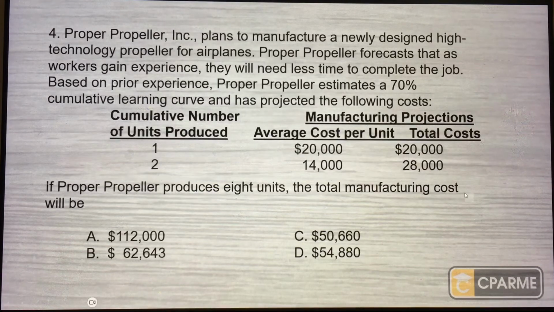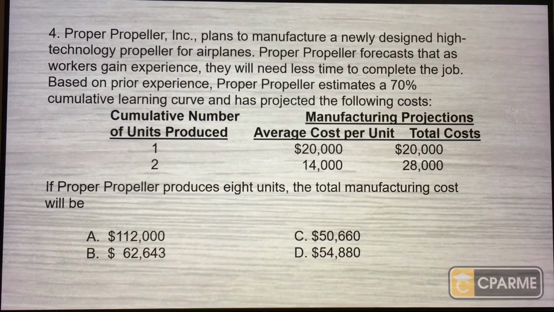Okay, let's solve this together. If Proper Propeller produces 8 units, what will be the total manufacturing cost for the 8 units? Proper Propeller Incorporated plans to manufacture a newly designed high-technology propeller for airplanes. It forecasts that as workers gain experience, they will need less time to complete the job.